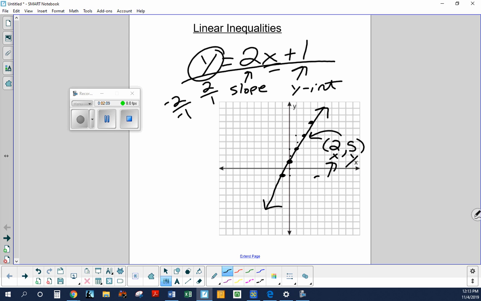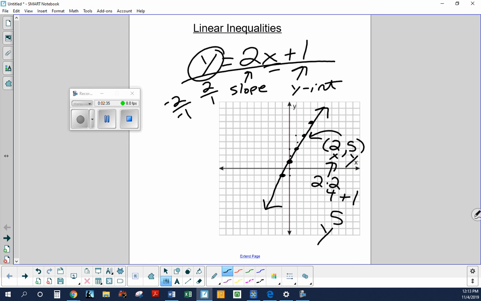If I take my x and do 2 times x plus 1, that gives me the y value. There's an infinite number of x-y points that fit this description. That's why we draw a line with arrows showing that the line continues. There's an infinite number of x's and y's that will work in this equation, and this line shows all of them where they're equal.